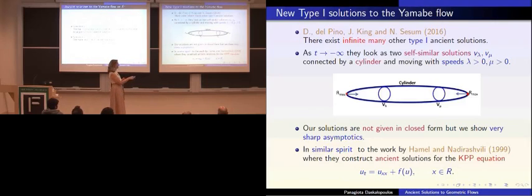These are the solutions that give rise to these ones, like half of it, extending all the way to infinity, and on the other side are these complete non-compact solutions that are shrinking. They are shrinkers, right? But they are complete non-compact, so they look like cylinders at infinity.